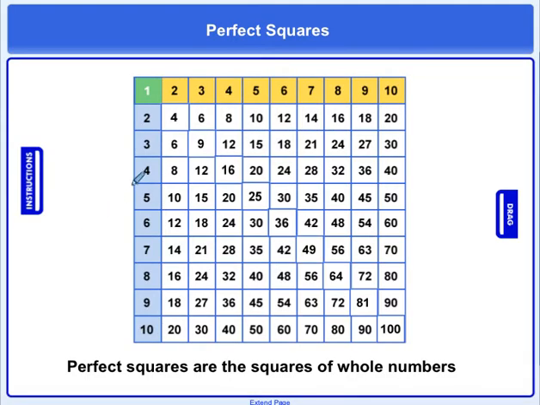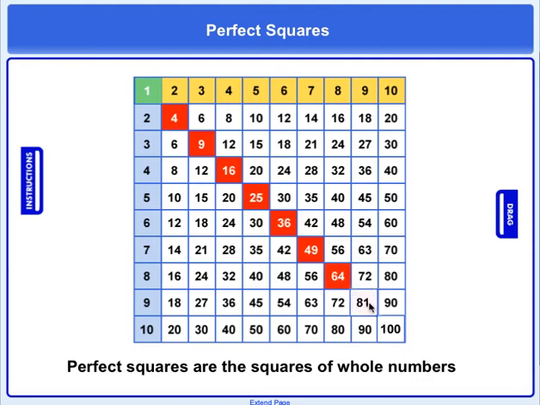And let's look at these. Well, if we take our numbers and show them in a chart like this, we can see that our perfect squares end up being in a diagonal like this. But what's also very interesting about this is their name comes into play. These are perfect squares. So if we think about the number 9 right here, well, we know that's 3 times 3, which is exactly a 3 by 3 box.